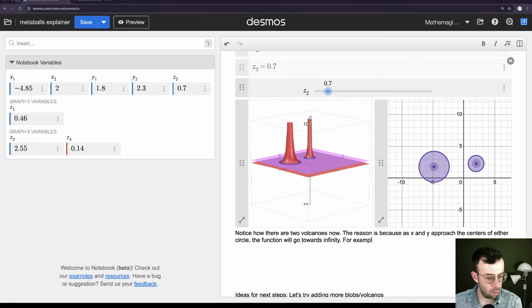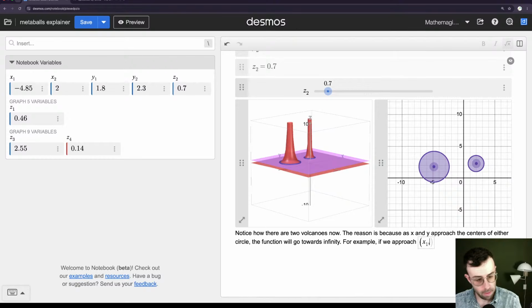For example, if we approach x1, y1, let's say x1 minus like 0.1 away or something.